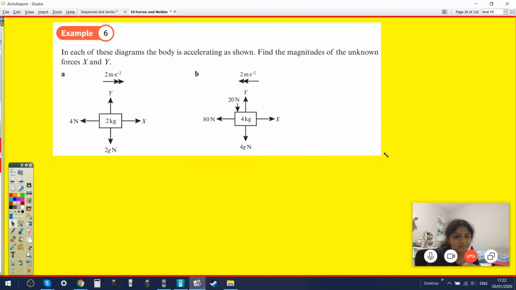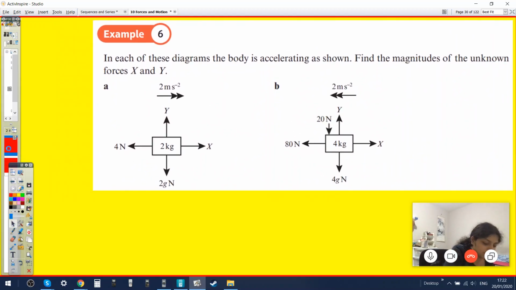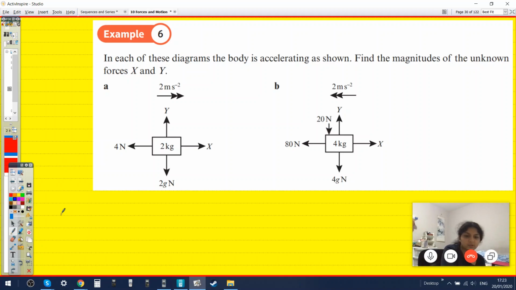Okay, how about these? Same thing. So, you know, 4. So x is equal to 0.